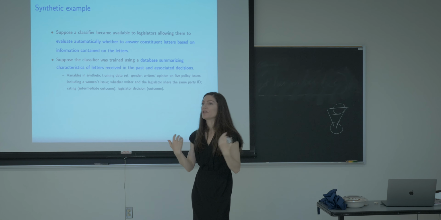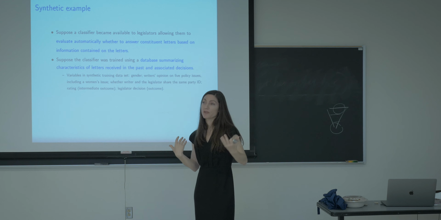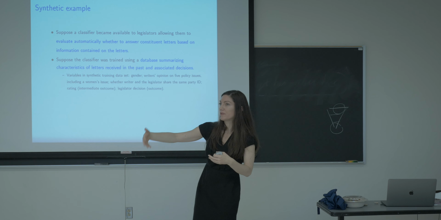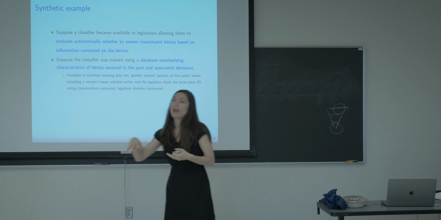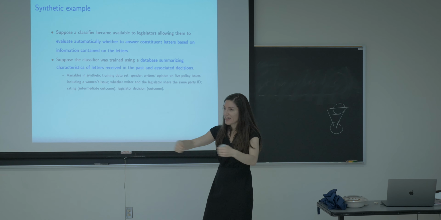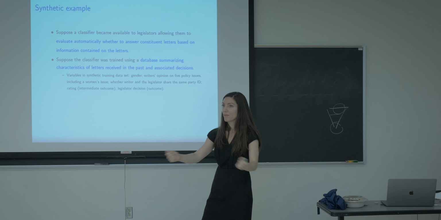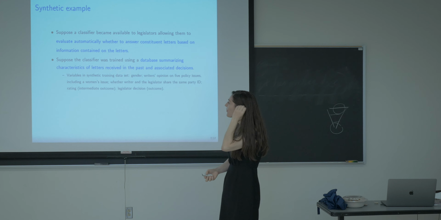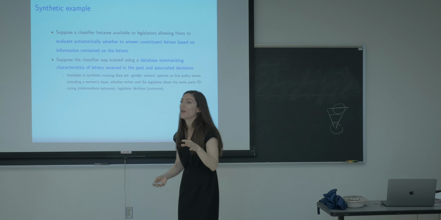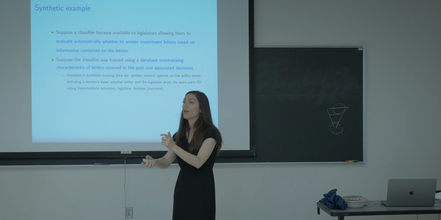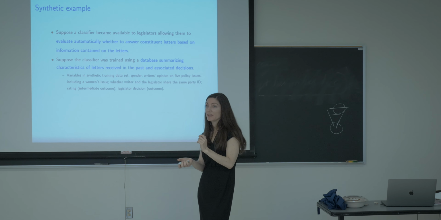So this could be positions on contraception, for instance. And let us suppose that women are more supportive of the policy than men. So in this example, I generated a synthetic data set such that there's a broad gap in positions between genders. And then you also have information on whether the writer shares the same party identification with the legislator or not.